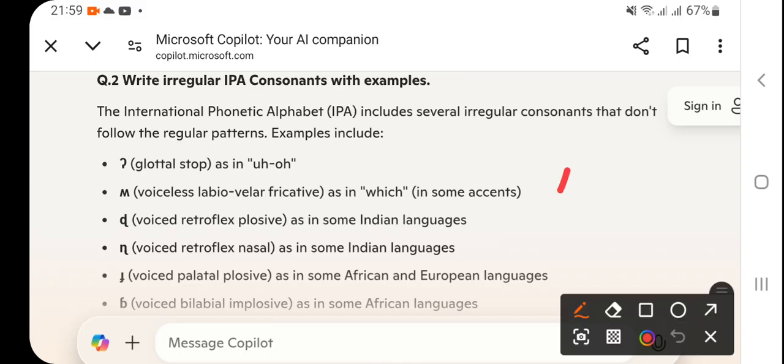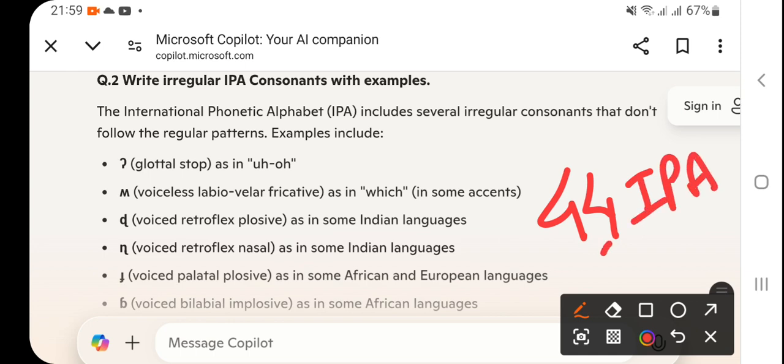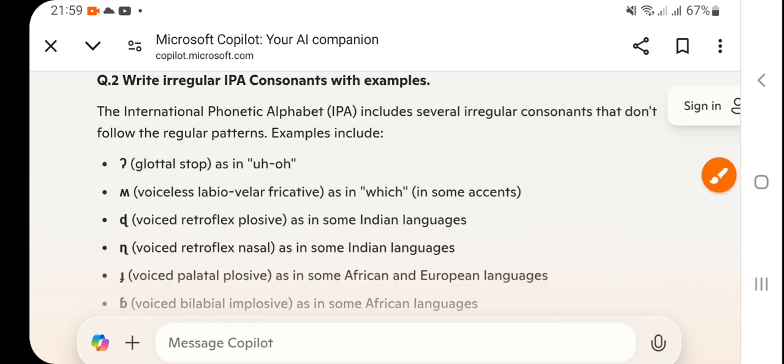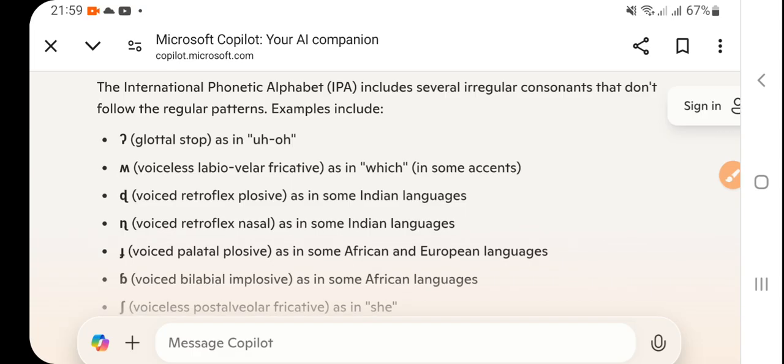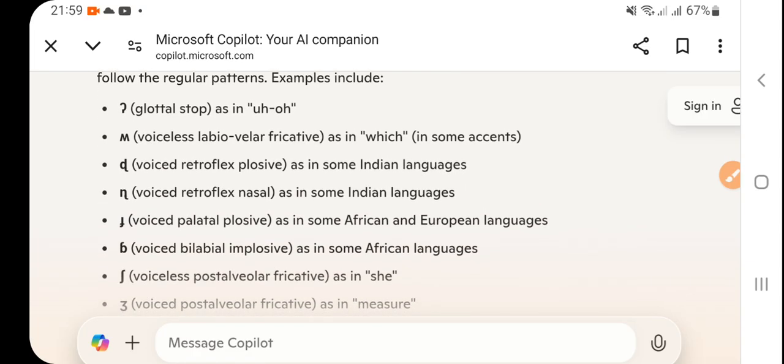There are 44 IPA symbols, we know that. They include several irregular consonants that do not follow the regular pattern. For example, the glottal stop, as in O. That is O, which is glottal.